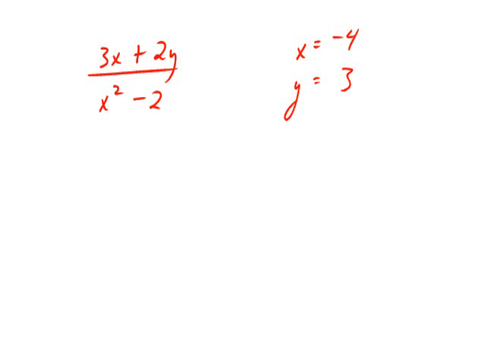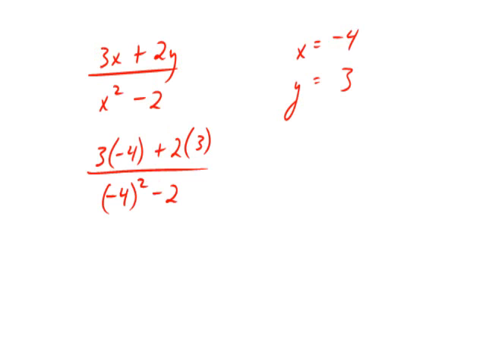So we can replace each x with negative 4 and each y with 3. And simplify. Simplifies down to negative 3/7.